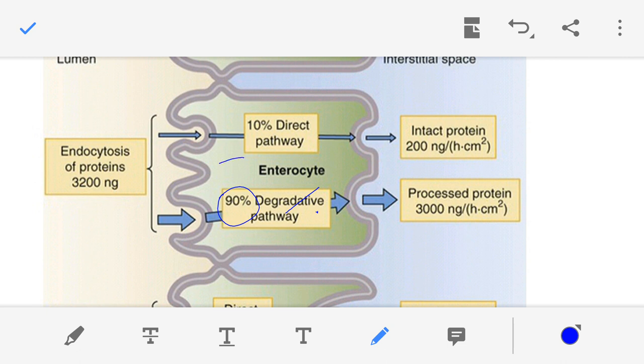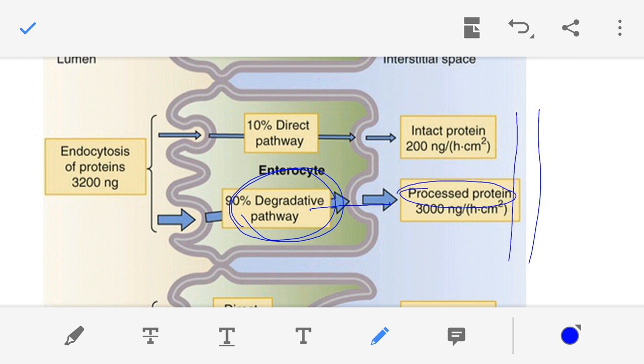In the cytoplasm there is a lysosome with proteolytic enzymes, and these enzymes digest the protein, and the digested protein is transported. So this is the processed protein which enters into the blood capillary.